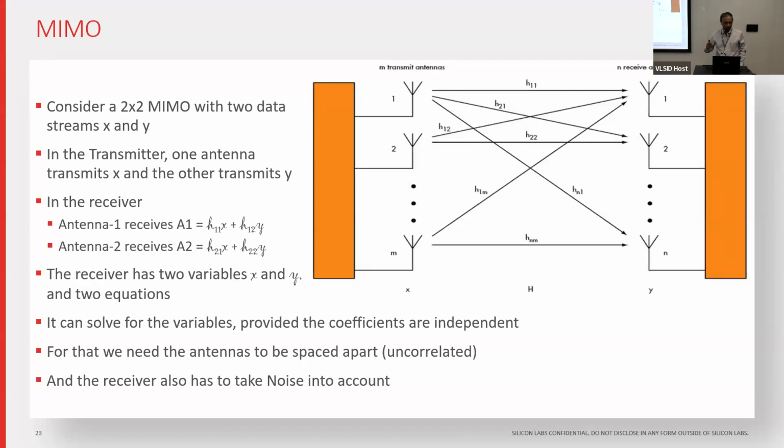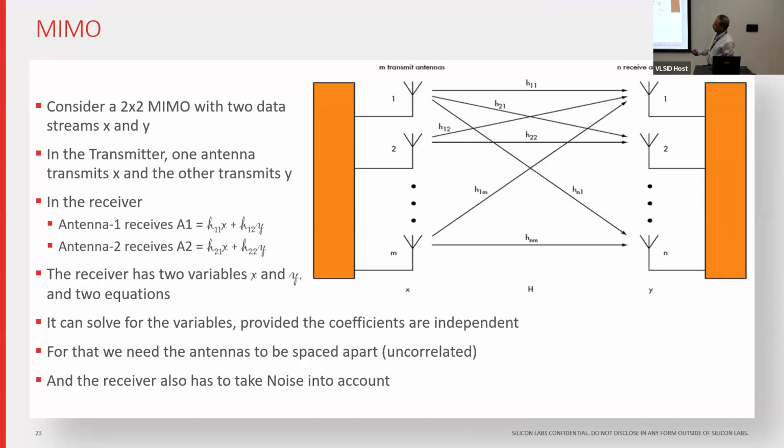As long as you know the coefficients, you can solve for X and Y, as long as the coefficients are not related. If the second coefficients are twice the first coefficients, you basically have one equation only. So with simple simultaneous linear equations, if you know these coefficients, then you can decode both of them, even though they were transmitted at the same time.